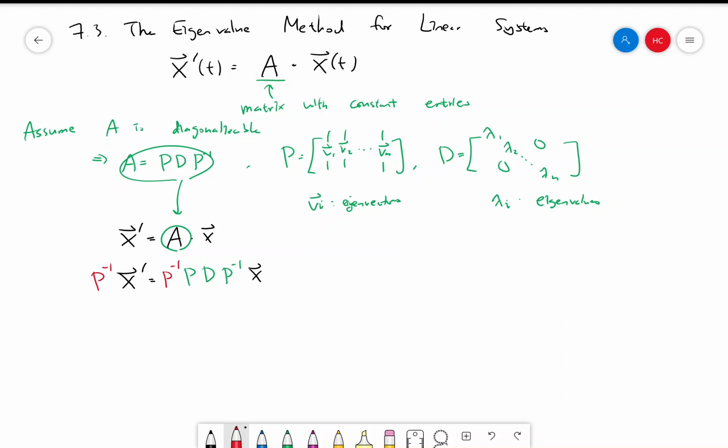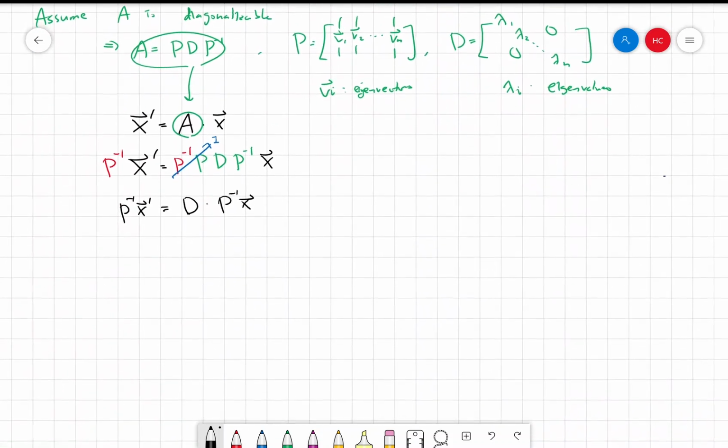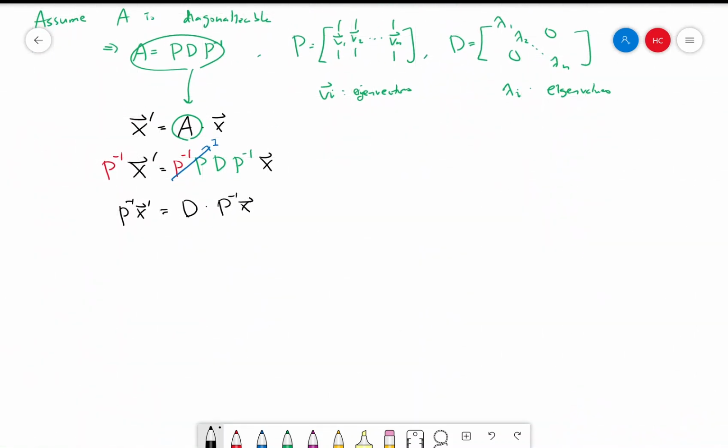P inverse times P is the identity matrix, so this cancels. So we get P inverse x prime equals D times P inverse x. Because P is constant, P inverse x prime is the same as the derivative of P inverse x, the whole thing, equals D times P inverse x.